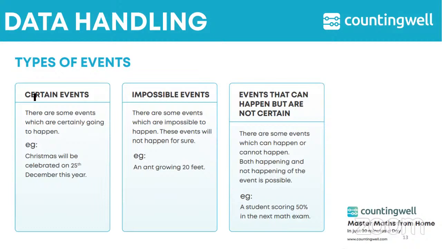If a student can score 50% in the next math exam, then it is certain. But something happens and is not able to score. So we cannot predict whether he is able to score 50% or not. That's why it can happen, but it is not certain.